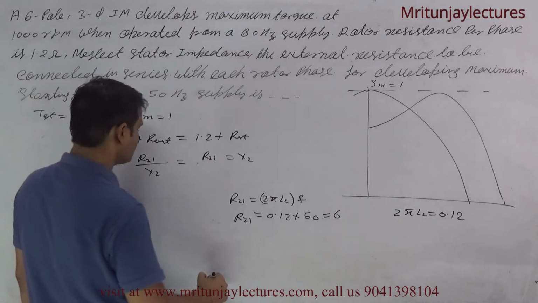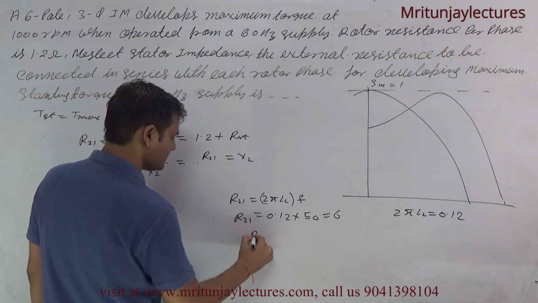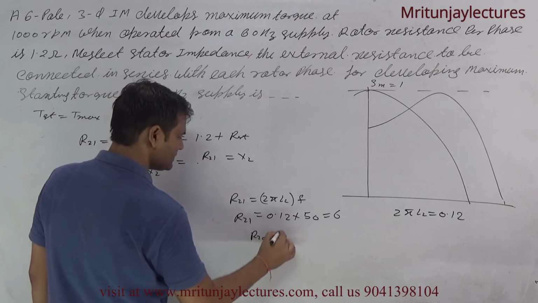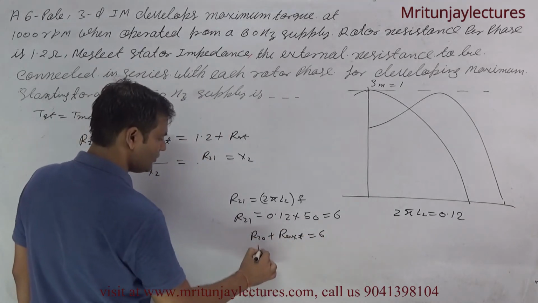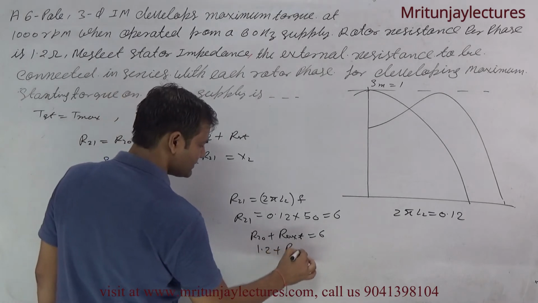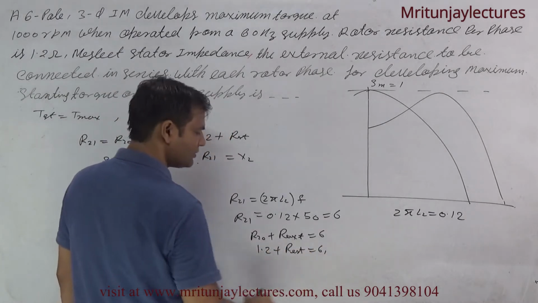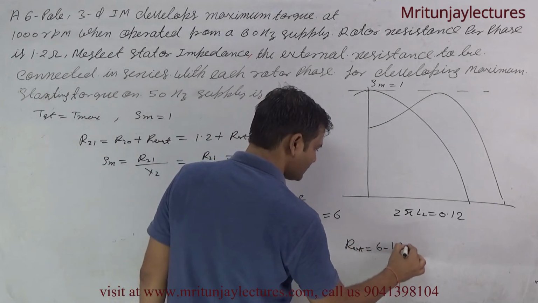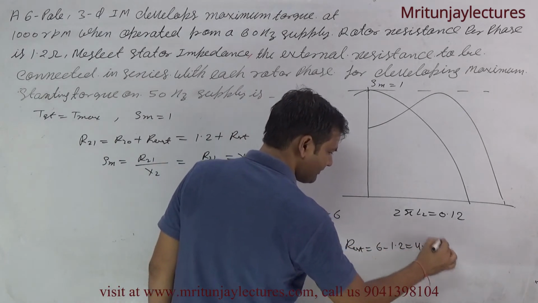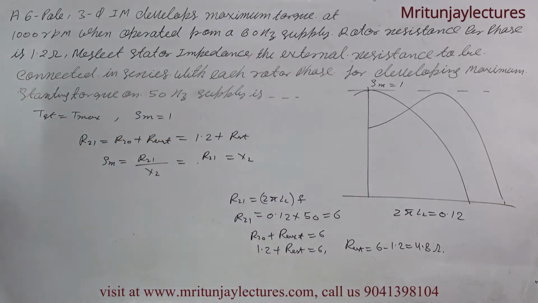Finally, what about external resistance? R20 plus R external will be equal to 6. This is 1.2 plus R external, that is 6. So R external will be equal to 6 minus 1.2, that is 4.8 ohm. This is the final answer.